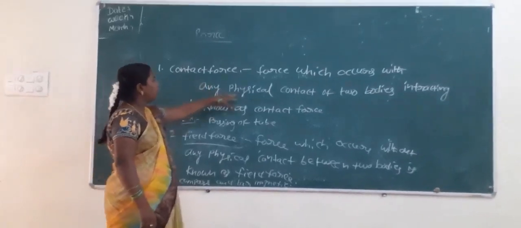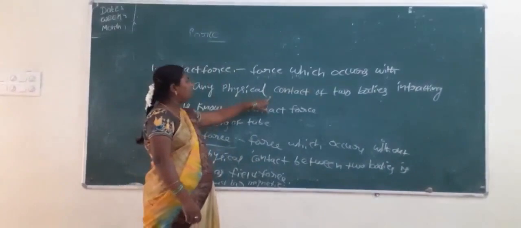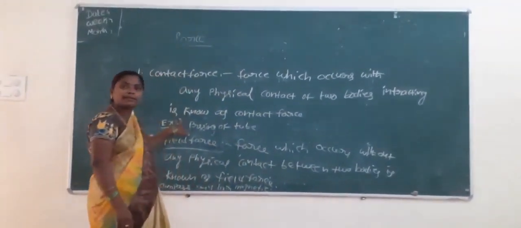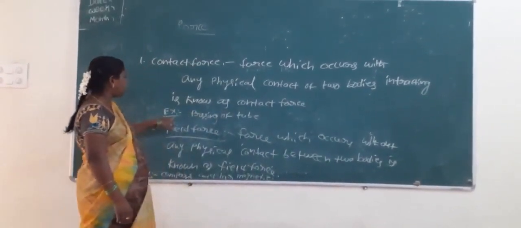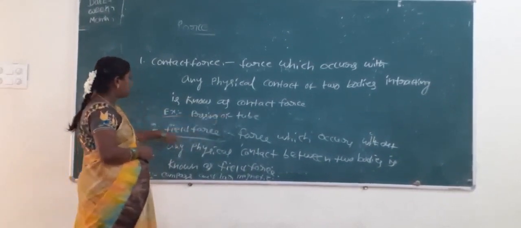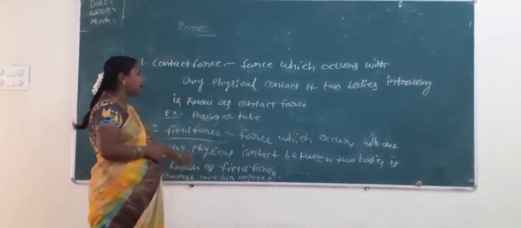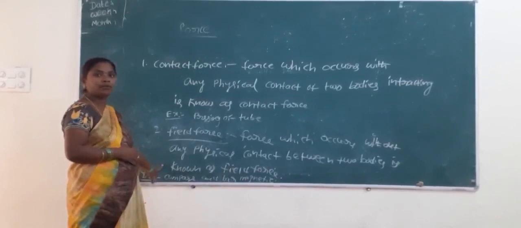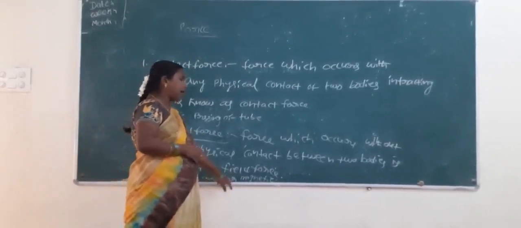Contact force: a force which occurs with physical contact of two interacting bodies is known as a contact force, for example pressing a tube. Field force: a force which occurs without any physical contact between two bodies is known as a field force, for example a compass and a bar magnet.